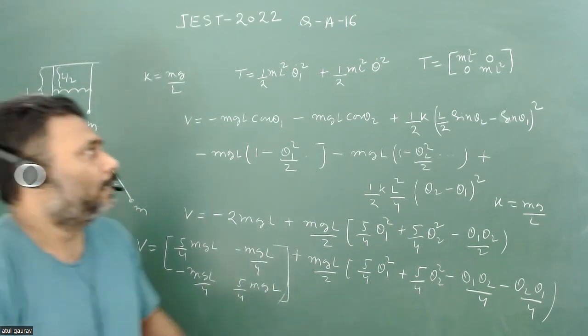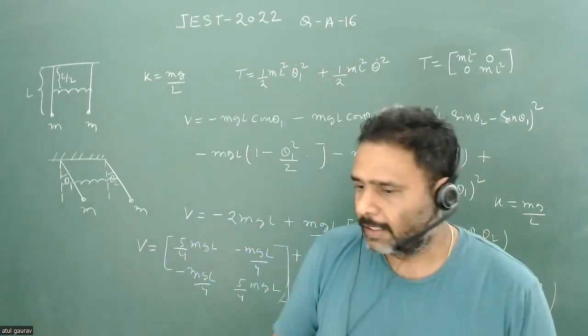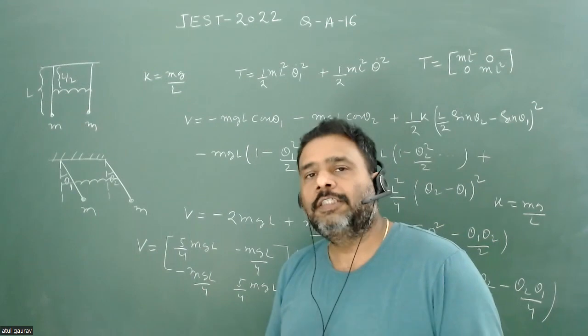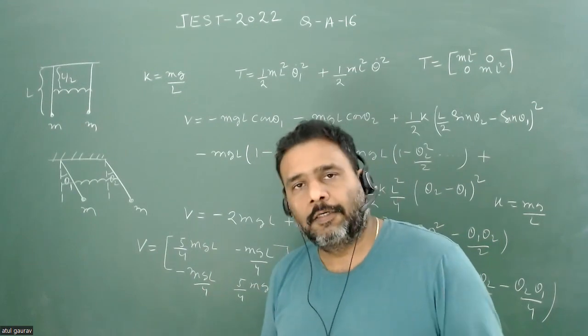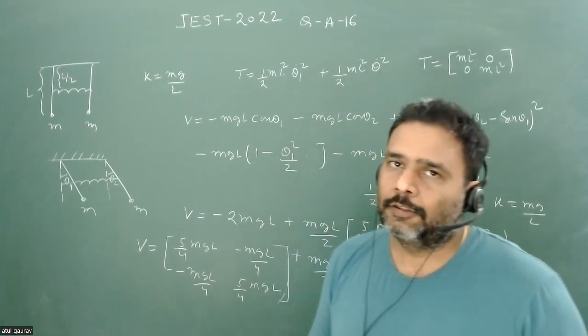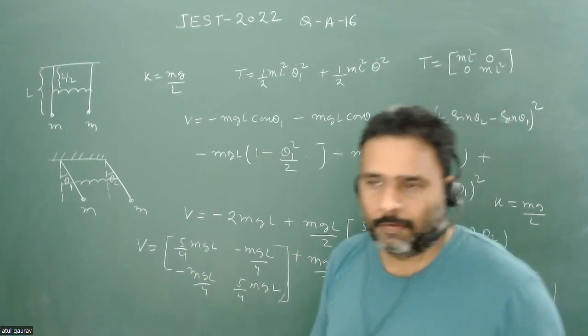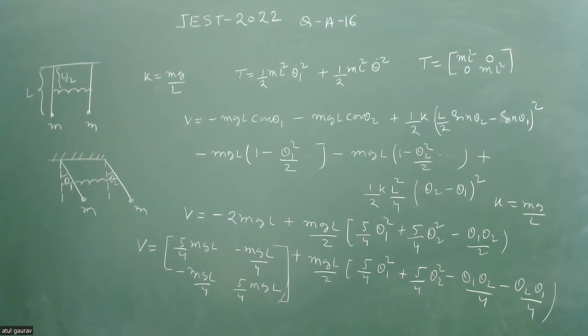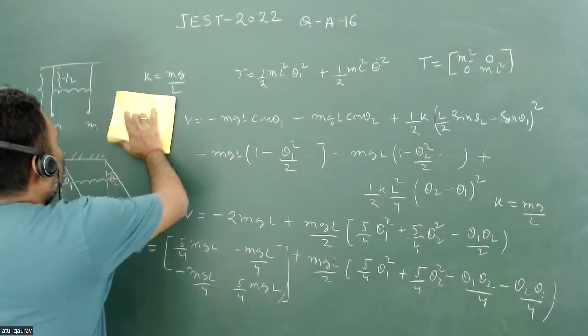After finding the kinetic energy matrix and the potential energy matrix, we have to solve the secular equation. Once we solve the secular equation, we can get the normal frequencies. So let's try to solve the secular equation. We have to remove all this part.